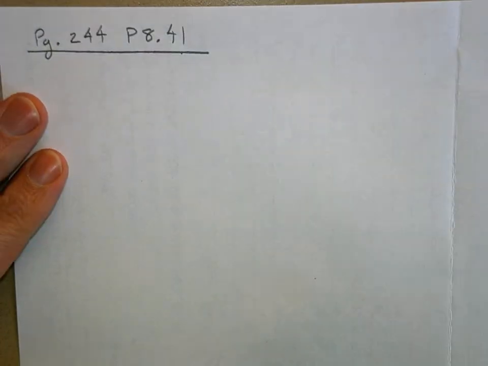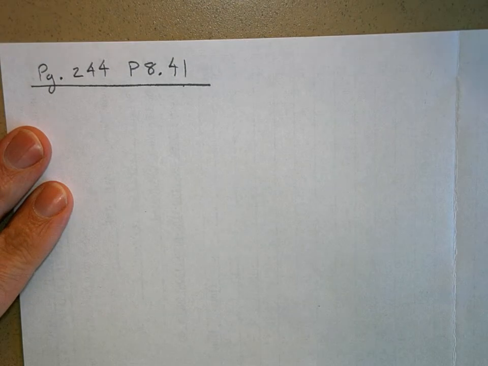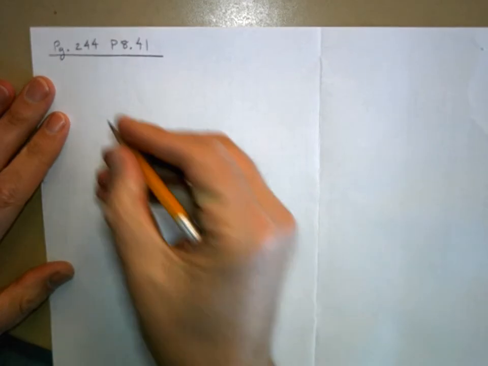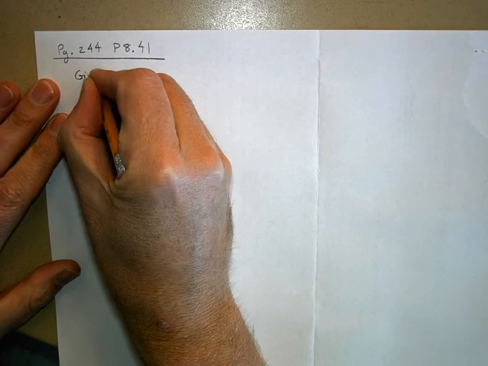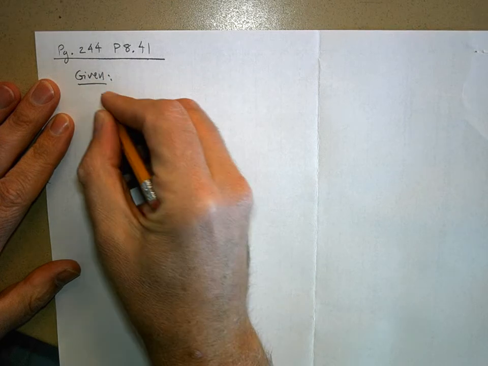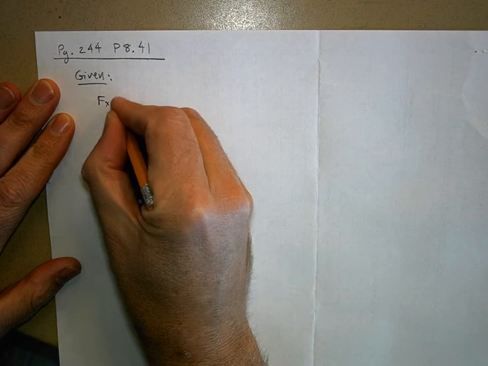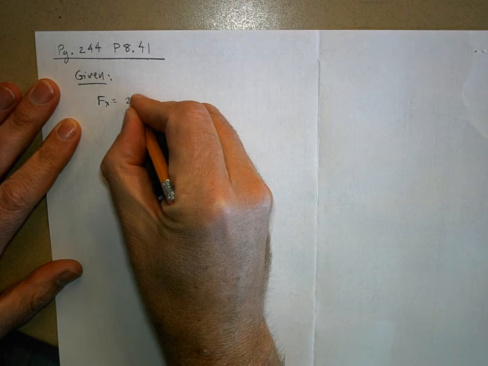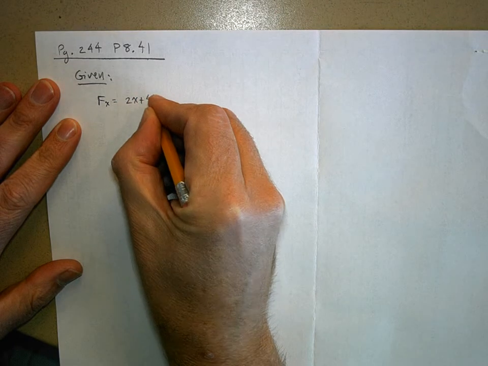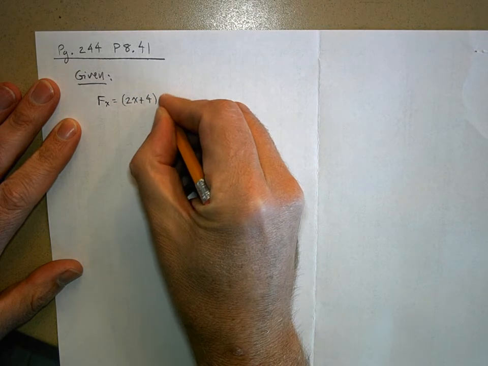Let's zoom back out. So let's write down what's given. We have this force, the force in the x direction is equal to 2x plus 4 newtons.